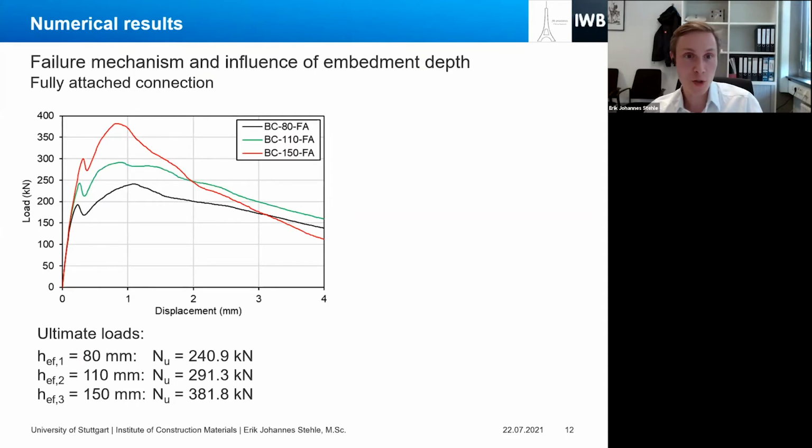Coming to the numerical results, we can see here in the graph the 3 load displacement curves for the fully attached connection for different embedment depths. Basically the initial behavior is relatively similar regardless of the embedment depth. And we have more or less a linear behavior up to the first peak.